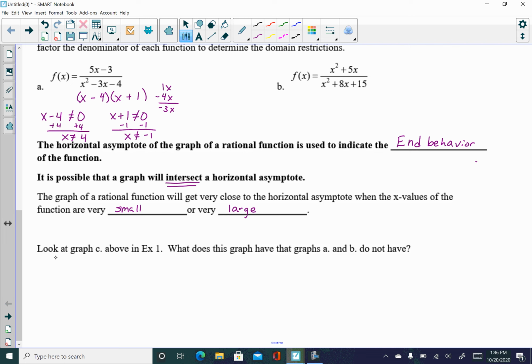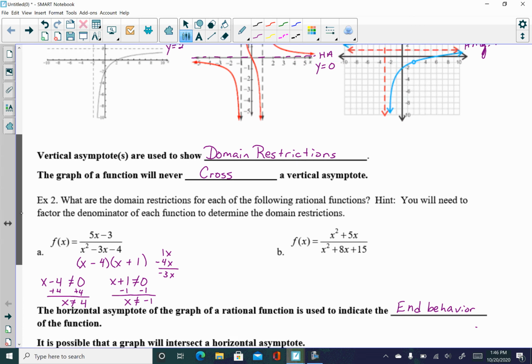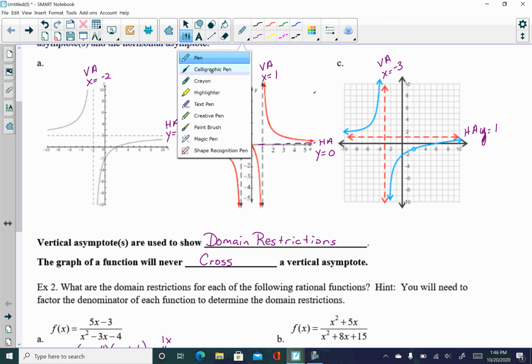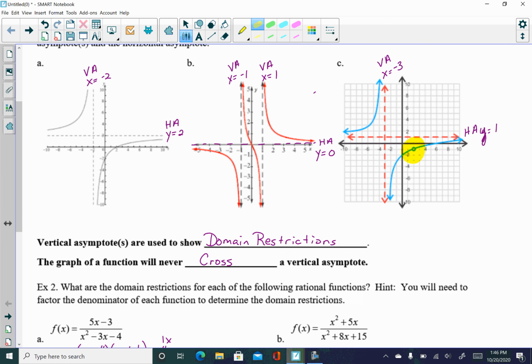Just down here below, the last piece on this page, it says look at graph C above in example 1, so back where I just was. What does this graph have that the graphs A and B do not have? And hopefully you might have already noticed it before when we were up here identifying horizontal and vertical asymptotes. It has a hole, and I'm going to highlight it for you. See this point right here?